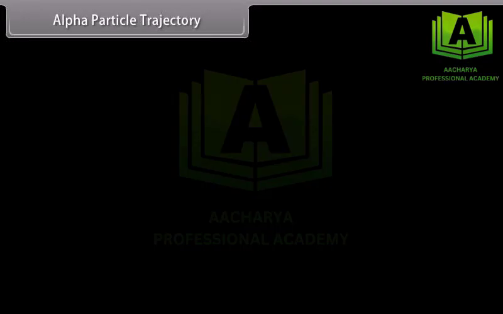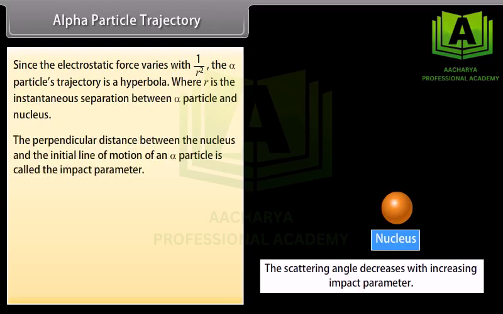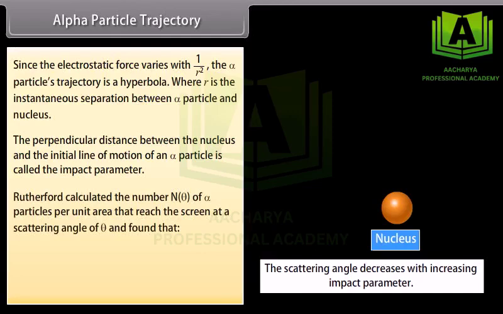Alpha particle trajectory. Since the electrostatic force varies as 1 upon r square, the alpha particle's trajectory is a hyperbola, where r is the instantaneous separation between the alpha particle and the nucleus. The perpendicular distance between the nucleus and the initial line of motion of an alpha particle is called the impact parameter. Rutherford calculated the number N theta of alpha particles per unit area that reach the screen at a scattering angle of theta and found that N theta is inversely proportional to sin theta upon 2 raised to the power 4.